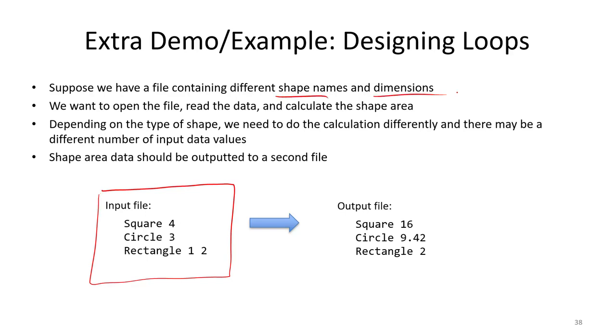So we could have a square, a circle, or a rectangle, and then we're given a dimension. This would be the length of the square edge, or, for example, the diameter of our circle, or the length and the width of the rectangle.